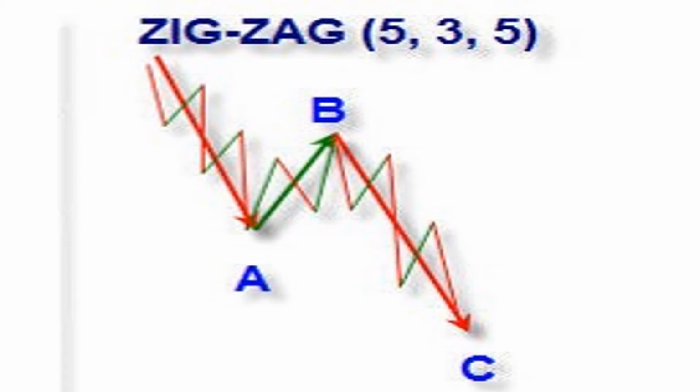Moving on, a zigzag correction can extend to form double zigzags or triple zigzags, with each zigzag being separated by an intervening wave.